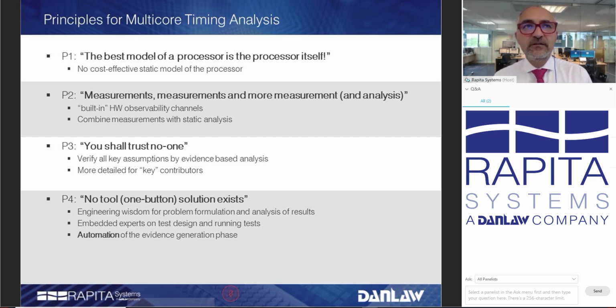The second principle, therefore, is that if you cannot make a model, you have to do measurements. Testing and measurements is a fundamental principle of our methodology. Except that measurements alone, repeating the same test a million times, if you're not testing the right thing, is not correct. So what we need to do is make sure that as part of the hardware selection process, there are observation points, channels of information, we call them observability channels, where we can instrument and observe the behavior of the software.